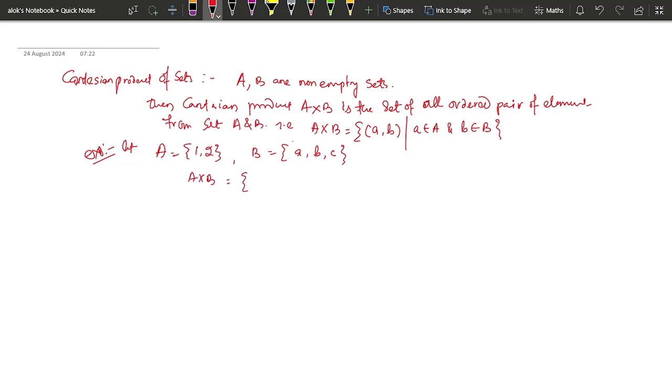We consider all the pairs, one element from set A and one from set B. So first we take 1a, similarly 1b, 1c, and also 2a, 2b, and 2c. This set of all ordered pairs is called the Cartesian product of A and B.